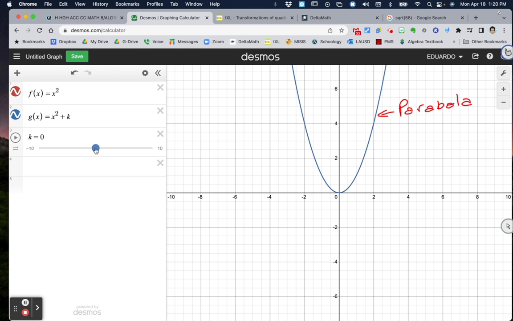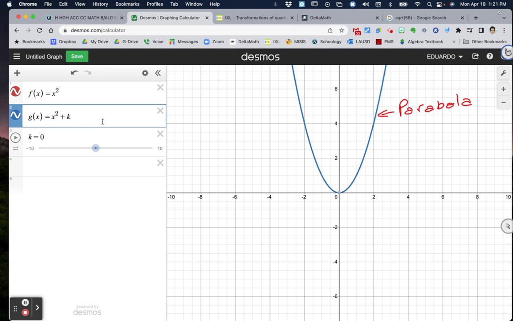So did everyone catch that? It's from negative 10 to 10 for k, and then we're going to move every half. And put the k at 0. K equals 0. Okay? Everybody there? So right now we have the parent function f of x.